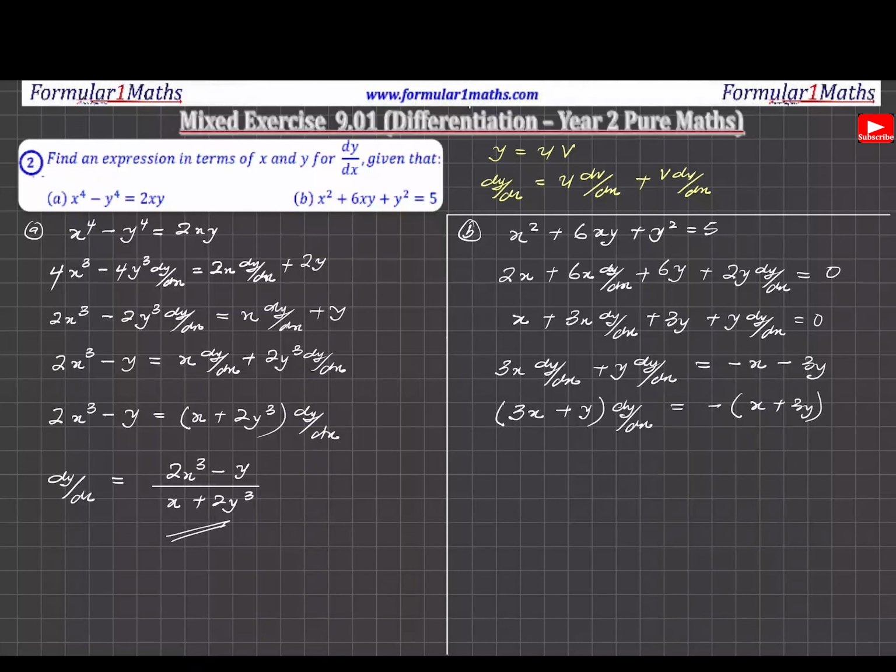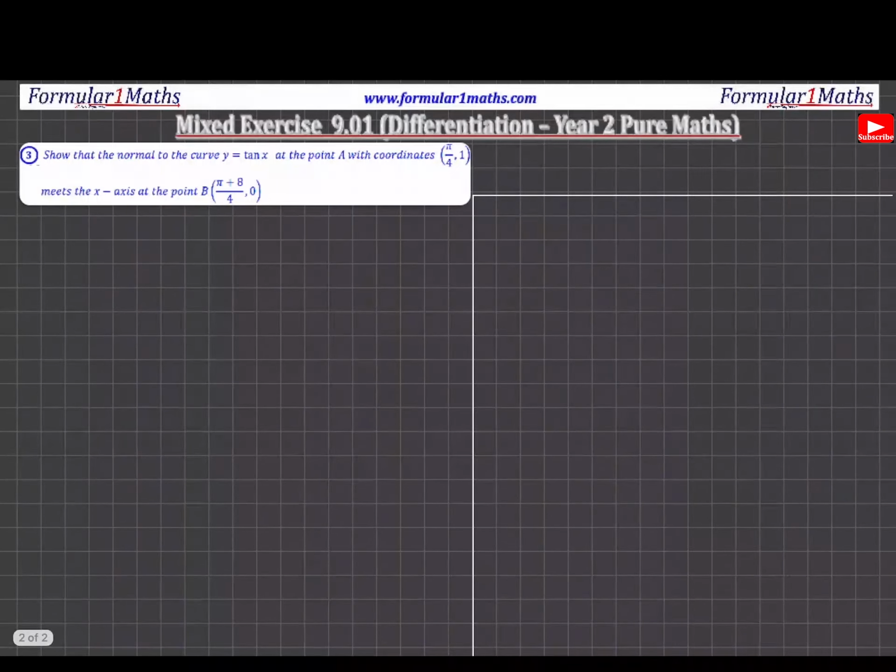I can now make dy/dx the subject to get the following. dy/dx equals minus (x plus 3y) over (3x plus y). And that's the required differentiation.